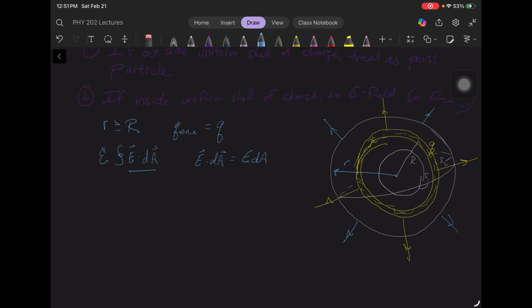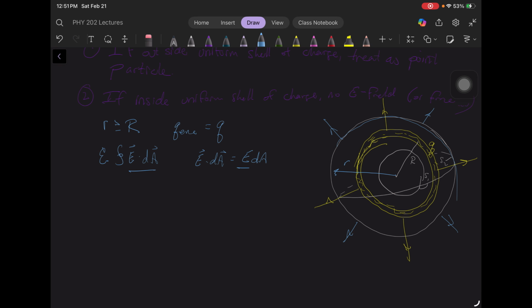Then our surface S2 is taking advantage of the symmetry of this problem, such that every point along the surface, if it was drawn better, would be equidistant from this shell of charge. If we're at the same distance from the charge, then we expect E to be a constant, and so we can pull it out of this.